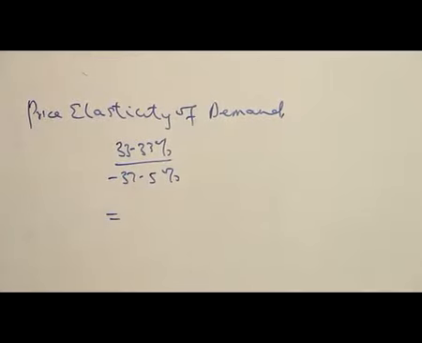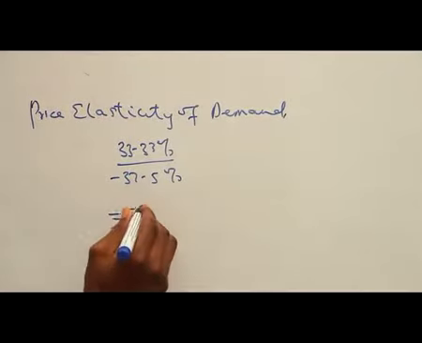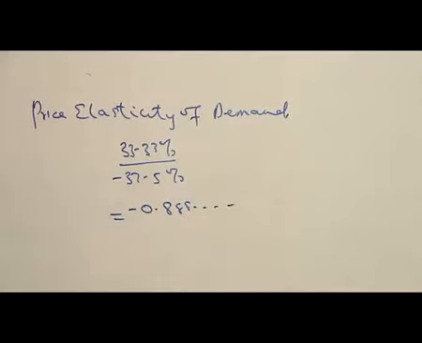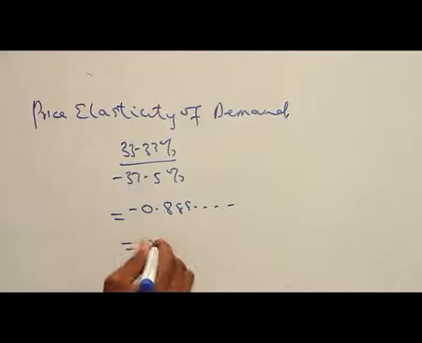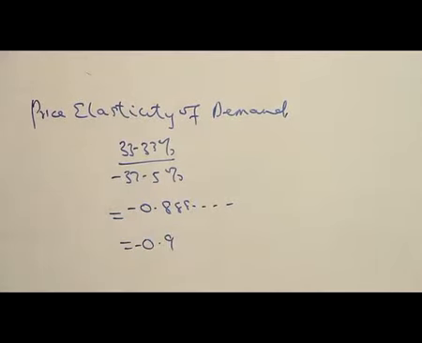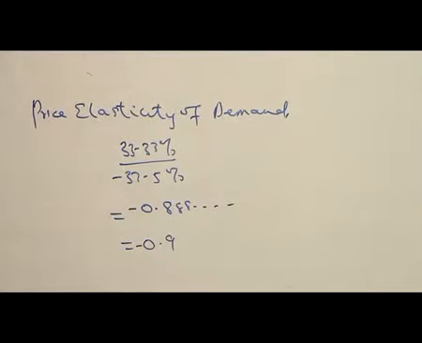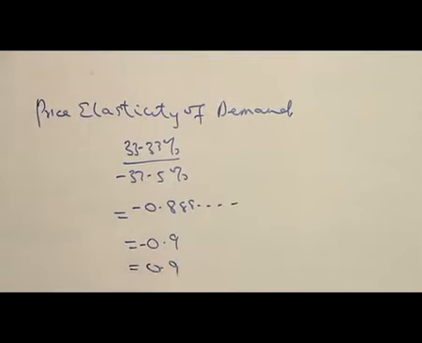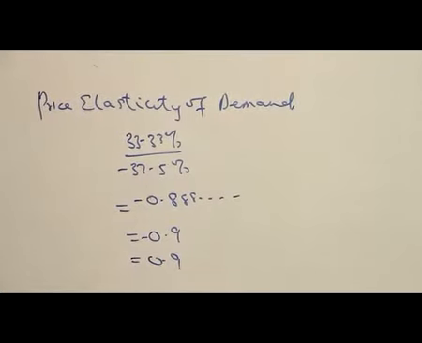So here, we are going to have minus 0.88 and so on. The final answer will now be minus 0.9. Looking at the result, we have minus 0.9, and we said we should ignore the negative sign. So we have 0.9 as the result.